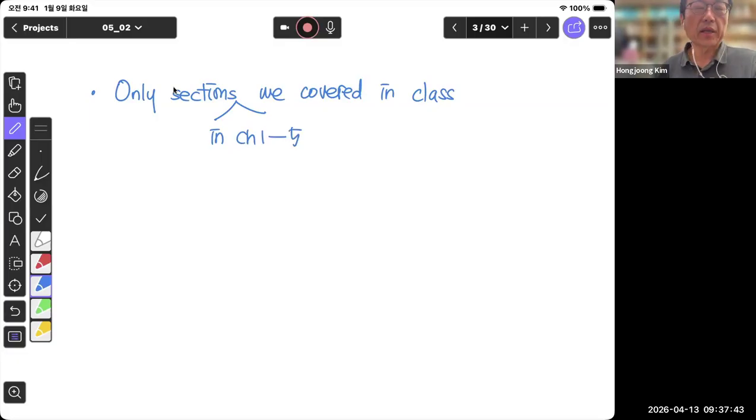If I skip a certain section, you can skip that section as well. So only sections we considered. Say we didn't cover sections 7, 8, 9 in chapter 3. I didn't consider sections 5, 6, 7, 8 in chapter 4. So you can skip those sections.